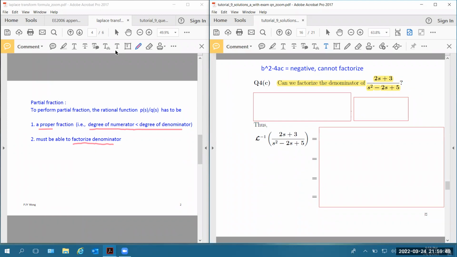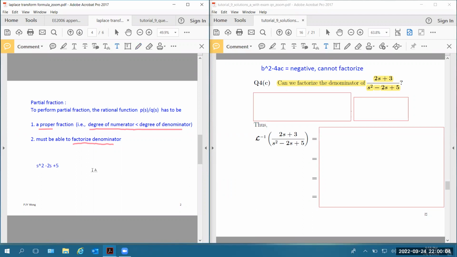So let me go and complete the square. Let's do one example. Maybe I type here: currently it is s squared minus 2s plus 5.